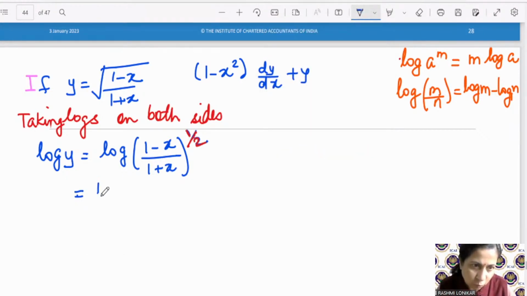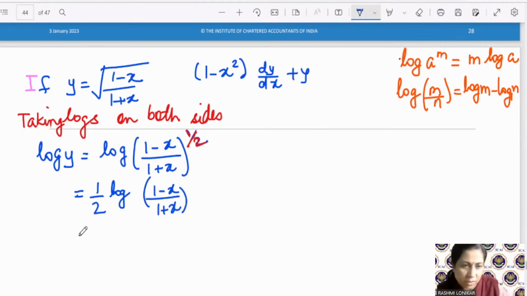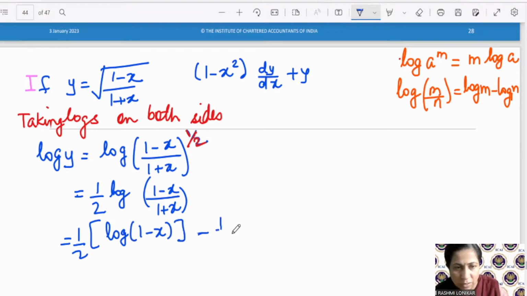This is equal to 1/2 log of (1 minus x) upon (1 plus x), which is equal to 1/2 log of (1 minus x) minus 1/2 log of (1 plus x), and that is log y.